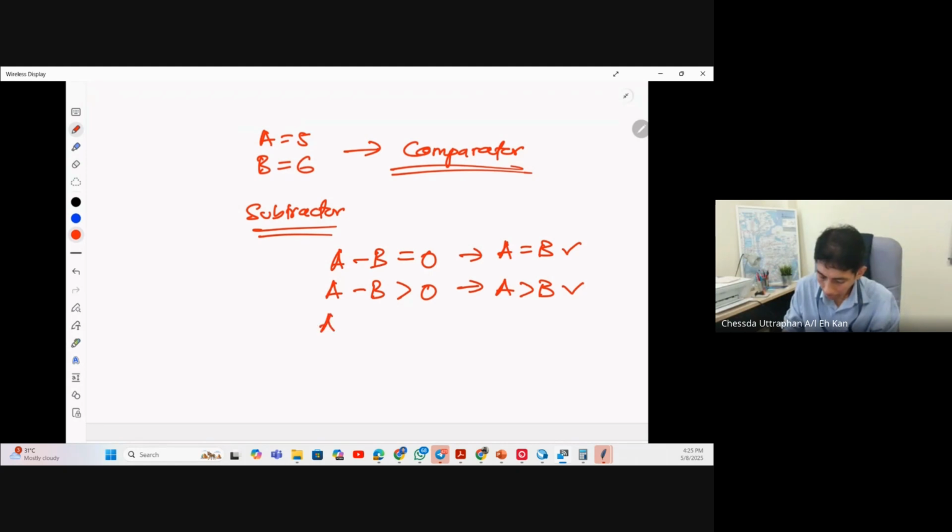If we take A minus B, but the answer is less than 0 or negative, this means A less than B, right? Because we get negative value. So this is how we compare number, right? It's easy.